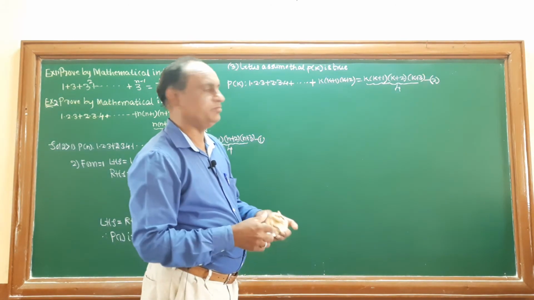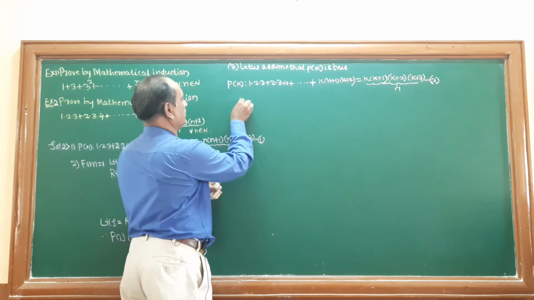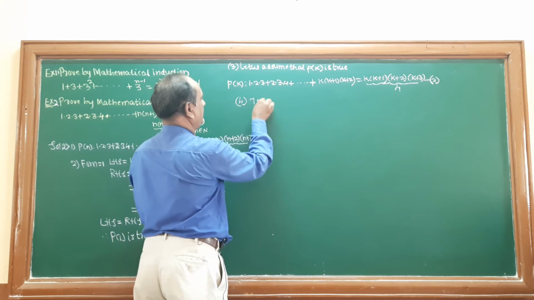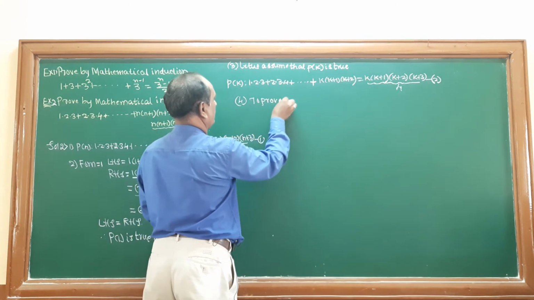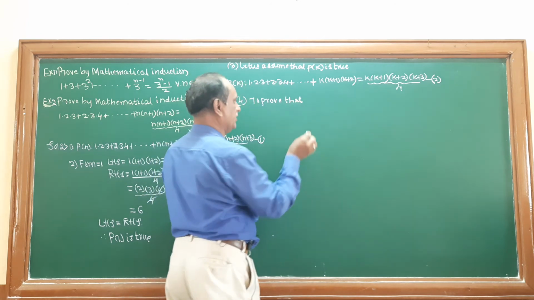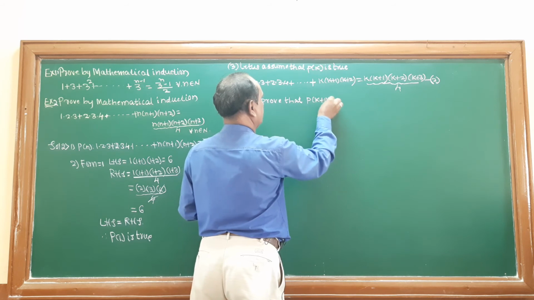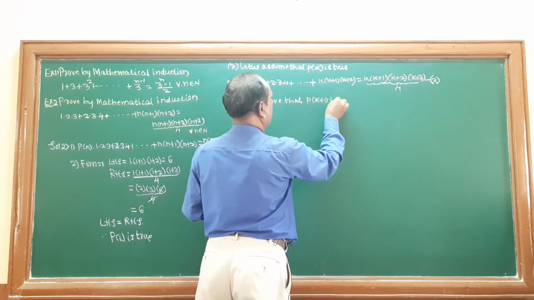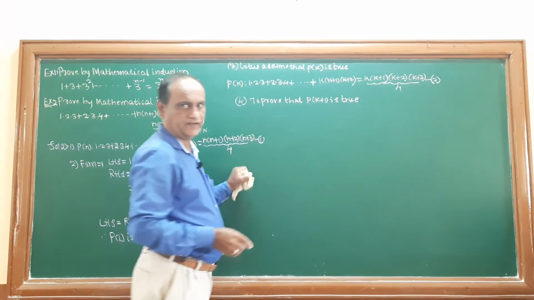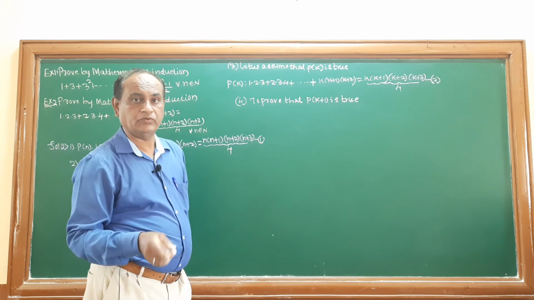Then the next important step, that is step number 4: what do you do? To prove that P of k plus 1 is true. To prove that P of k plus 1 is true, add the k plus 1th term to equation number 2 on both sides. Now add the k plus 1th term in equation number 2.